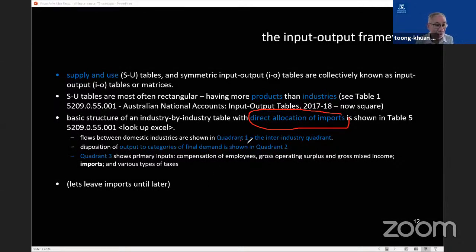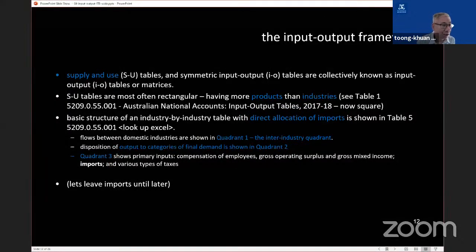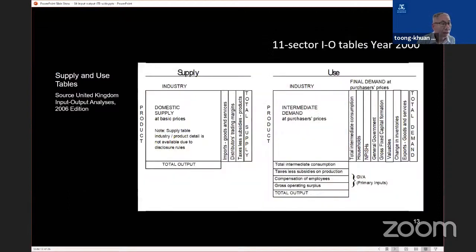So what I've done is I've shown you quadrant 1, I've shown you quadrant 2, I've also shown you quadrant 3. So quadrant 3 is kompensasi tenaga kerja, surplus usaha bruto, and pajak dikurang subsidi. All right, so that's the input-output tables for now. Next one. Okay, so I've shown you this. This is basically telling you where the quadrants are.